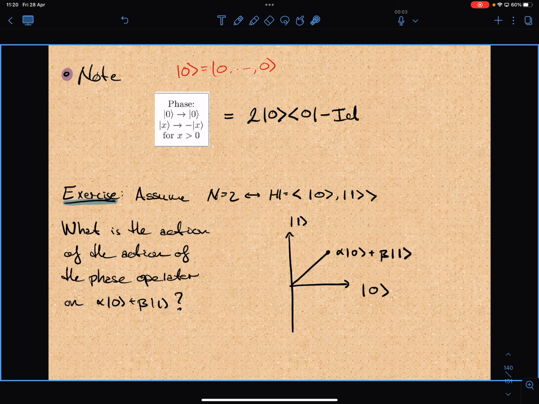So I'll give you a minute to figure out, in a simple case where n equals 2, you either have 0 or 1, what is the action of the phase operator on a general element alpha beta, where if I plot it, this is going to be alpha, and this is beta.